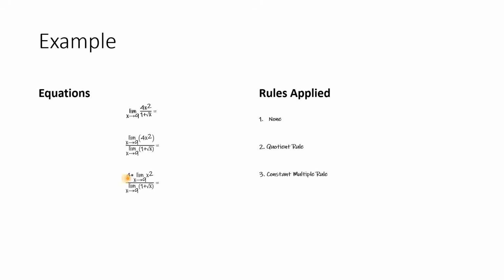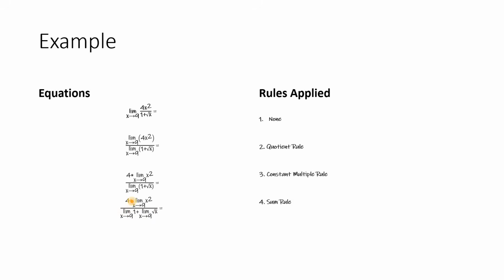We can just pull this 4 out in front, and that's known as the constant multiple rule. And right here we have the sum rule for the denominator. So we can distribute this limit through to 1 and through to square root of x to take the limit of each of these components individually.